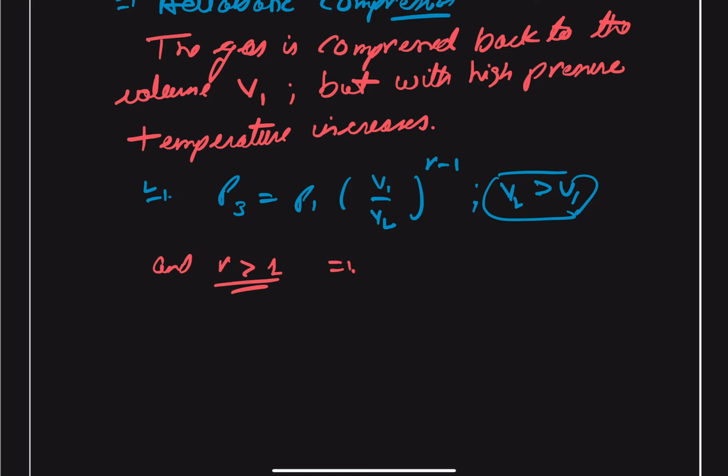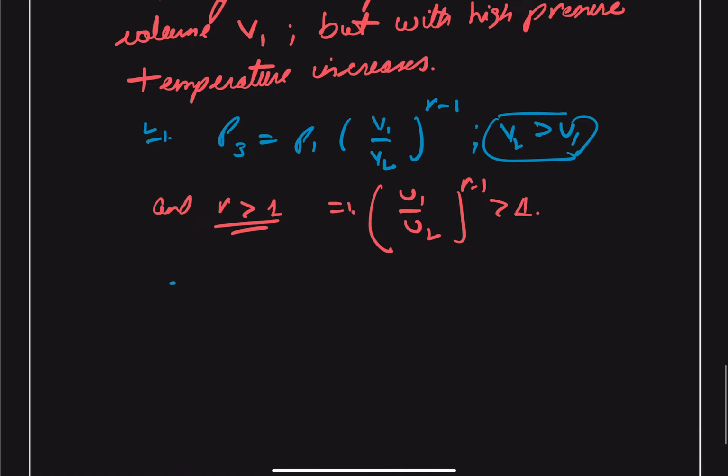Therefore, (V1 upon V2) to the power gamma minus 1 will be greater than 1. Therefore, we can say that P3 is greater than P1.